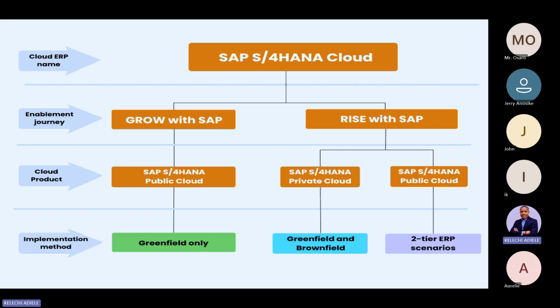And if you guys want to have some privacy, you need to come into Rise with SAP. In Rise with SAP, we have two different products for you. We have the SAP S/4HANA Private Cloud, where you have your own private server. And I think that as a large company that's also trying to grow and do this huge transformation, you should have your own private cloud server.